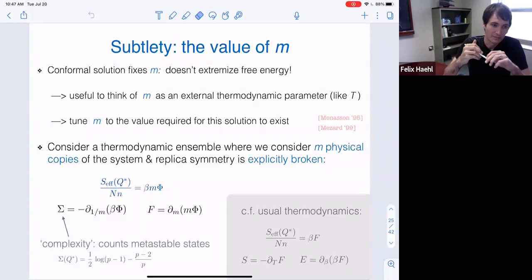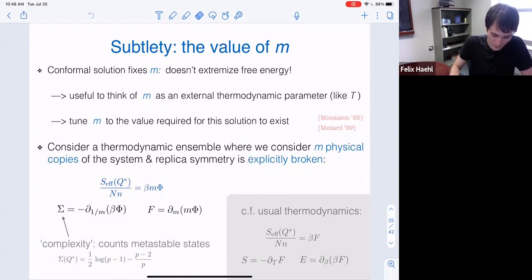A way to make this a bit more precise is to consider a thermodynamic ensemble where you have m physical copies of the system. Here m is not part of the replica trick anymore; you actually clone the system m times explicitly before you do the replica trick, and you consider this m as a free parameter in this ensemble, like the temperature.